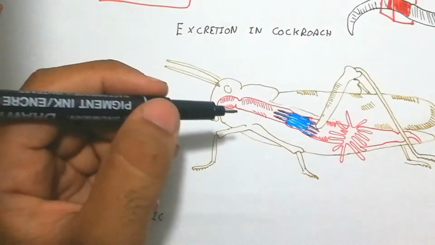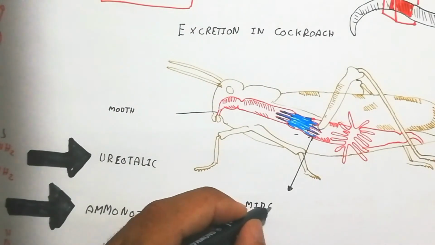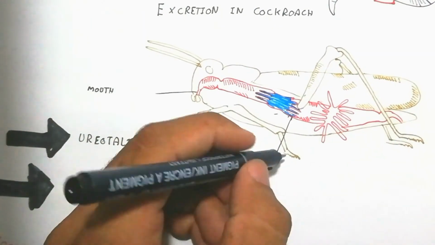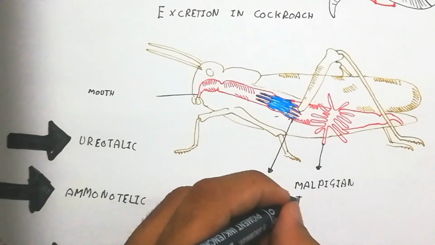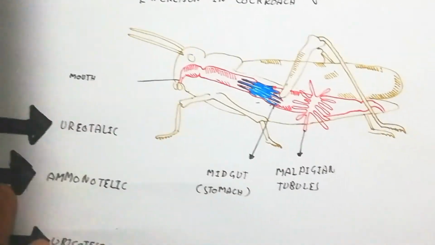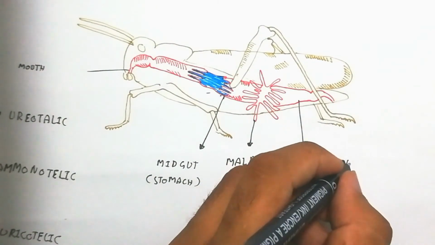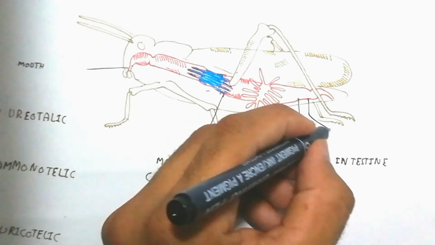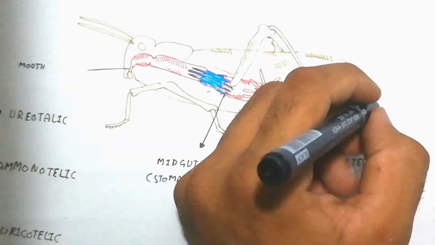Here is the mouth, which is used for cutting and crushing carbohydrate, plants, etc., which enter into the foregut, then the midgut, which is the stomach where digestion occurs.